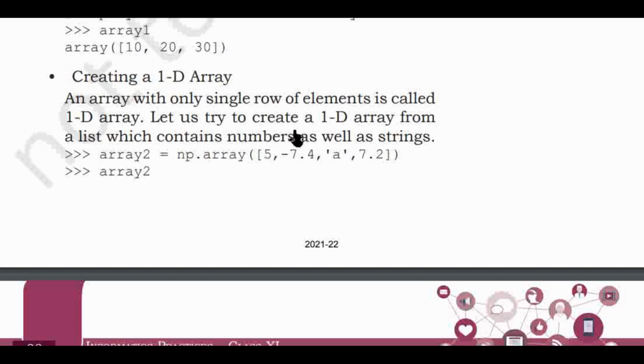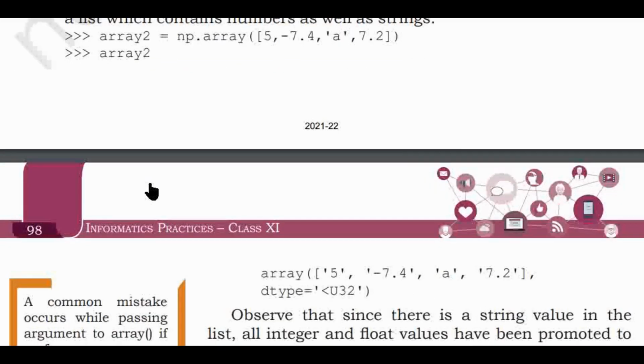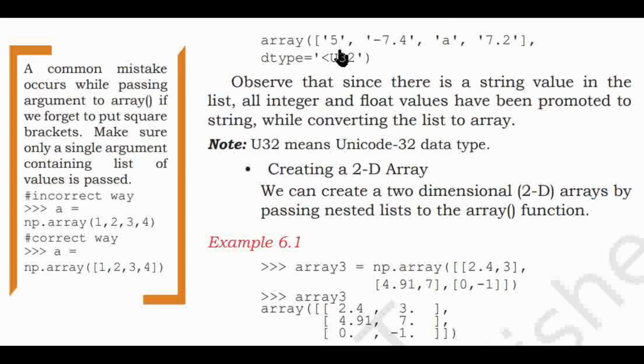Let us try to create a 1D array from a list which contains numbers as well as strings. array2 = np.array([5, -7.4, 'a', 7.2]), then array2. Output: array([5, -7.4, 'a', 7.2], dtype='<U32').